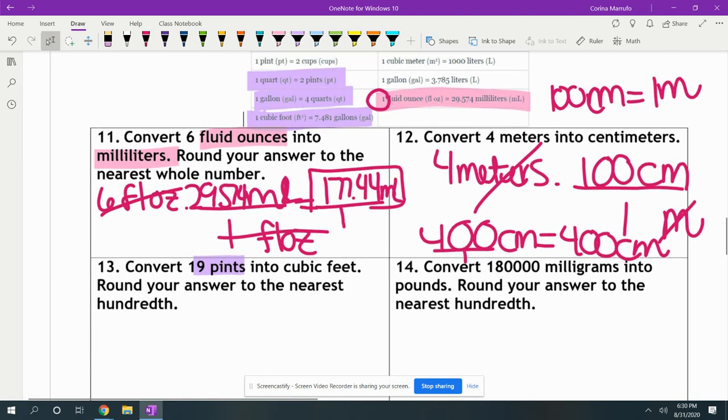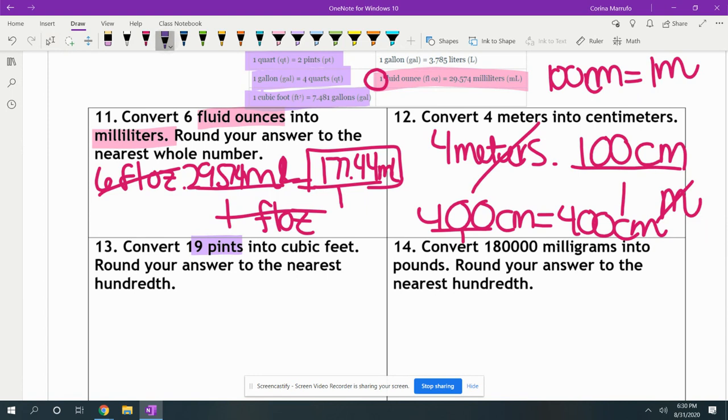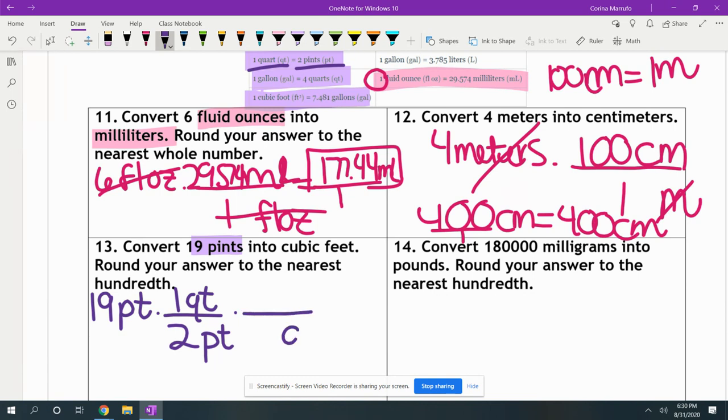So let's go ahead and start with what they give us. They give us 19 pints. And then we are going to cancel out the pints. Based off of this information, we know that 1 quart is equal to 2 pints. But we don't want quarts, so we're going to have to cancel out the quarts. So I'm going to put quart on the bottom.